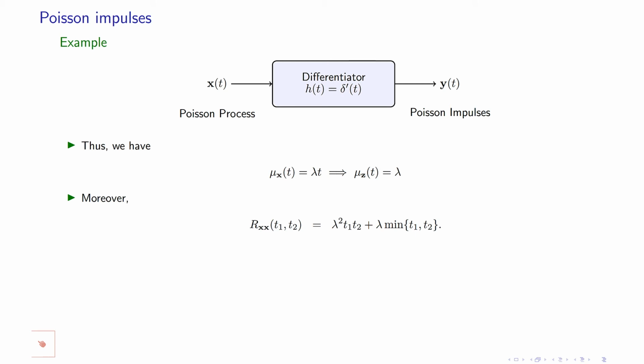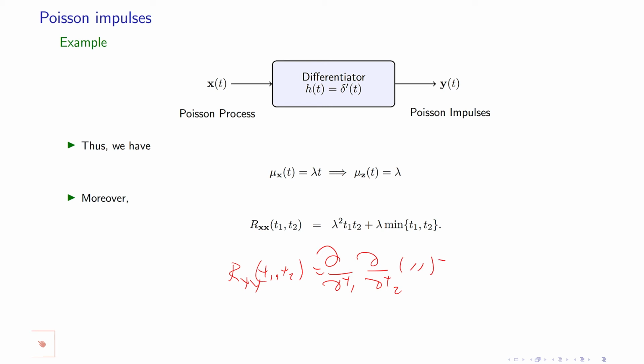Moreover, we have seen that the autocorrelation of the input with the input is equal to this one. So now if you calculate R_y(t1, t2), I have to take one derivative with respect to t1 and another derivative with respect to t2.